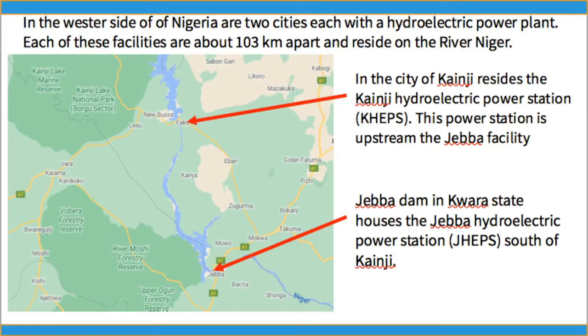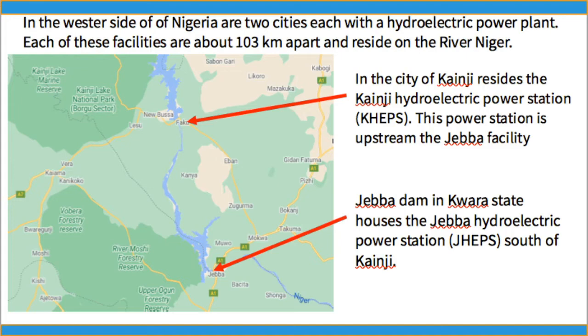So here is an attached image of a map of Western Nigeria. It shows the two locations of these two hydroelectric power facilities. The one up north is the Kainji Hydroelectric Power Station. This one is upriver from the Jebba facility, the Jebba Hydroelectric Power Station.